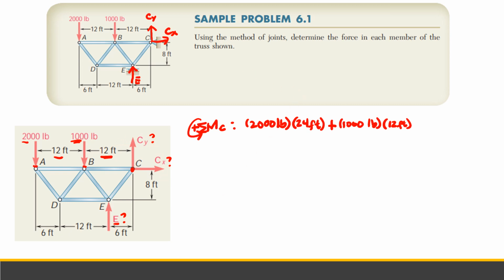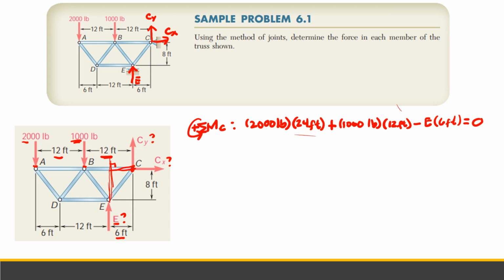So that is negative E multiplied by 6 feet, since the perpendicular distance is 6 feet if you extend it. The sum equals 0.